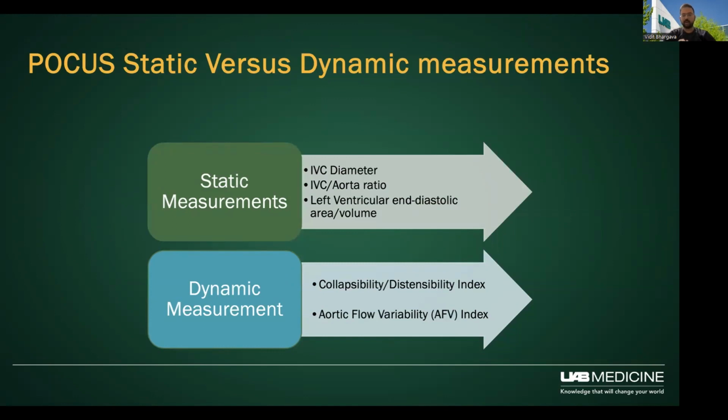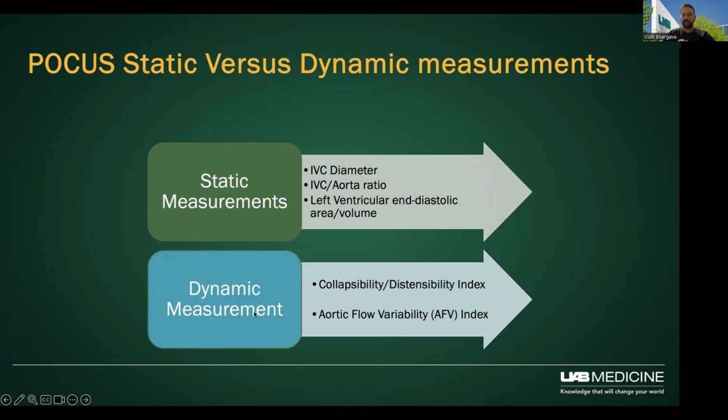But let's think through what are some ways that we can use POCUS to study volume status and how they are helpful. And generally, again, I try to break them down into the static measurements and the dynamic measurements. The static measurements are ones that a lot of people early enough in their use of POCUS are quite familiar with, which includes IVC diameter, IVC to aorta ratio, left ventricular end diastolic area and volume.